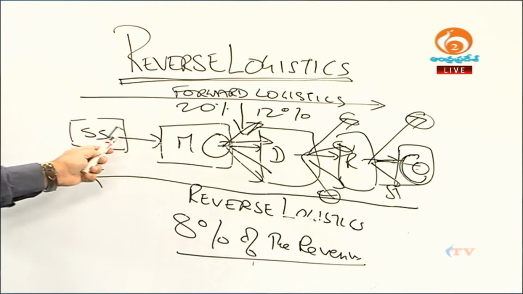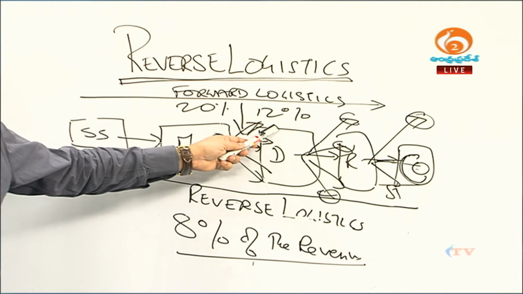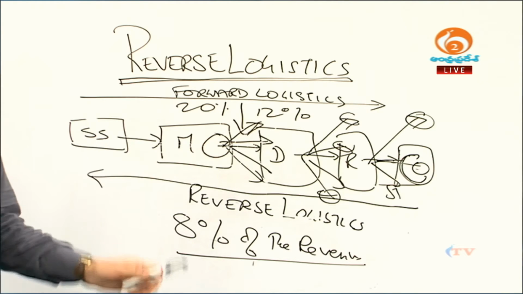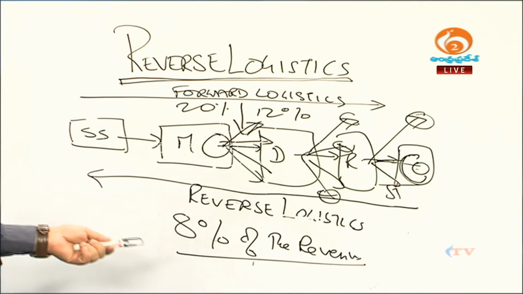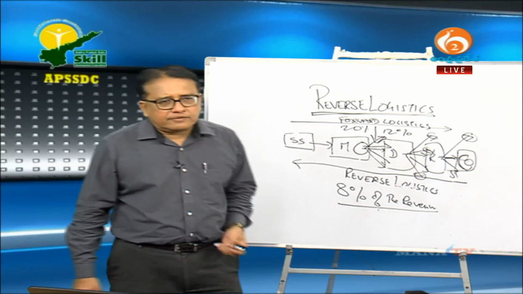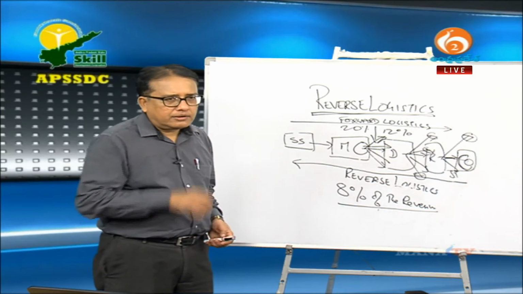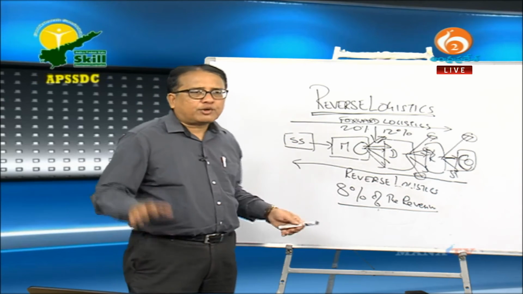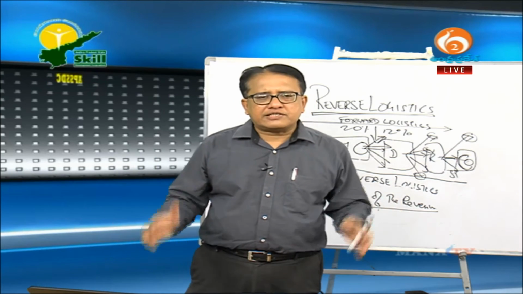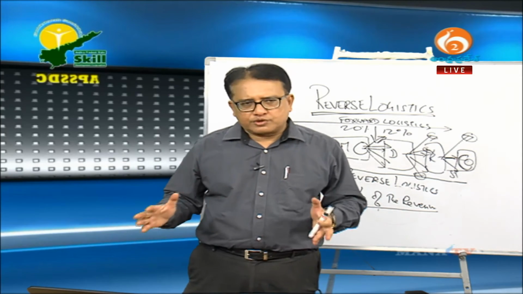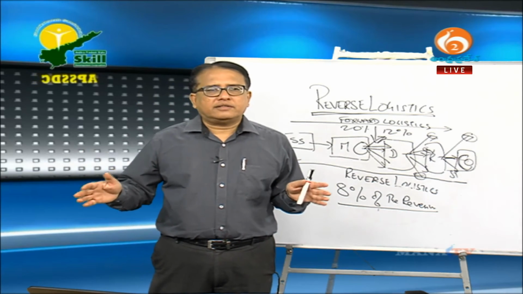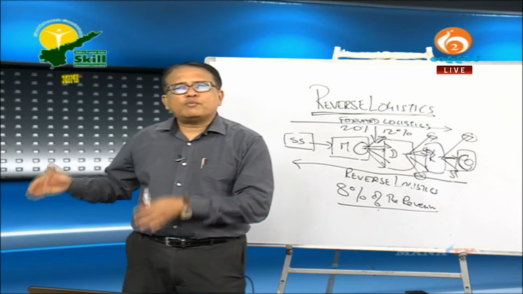So, the cost determination is much easier for forward logistics, and much more complicated for reverse logistics. Product life cycle is manageable. Manageable means, what is a product life cycle? The duration from the time the product is used till the time the product expires, the time when the product is no more used by the customer.